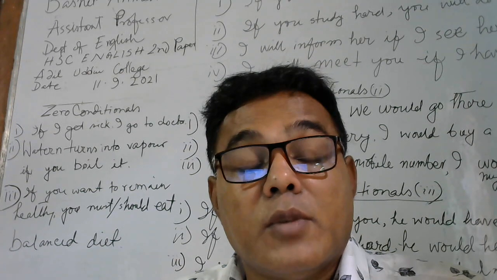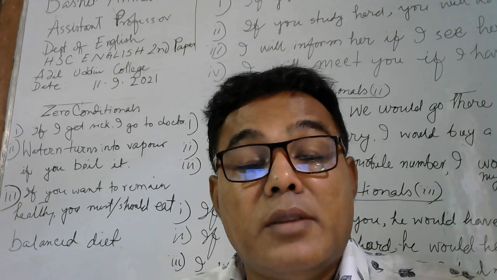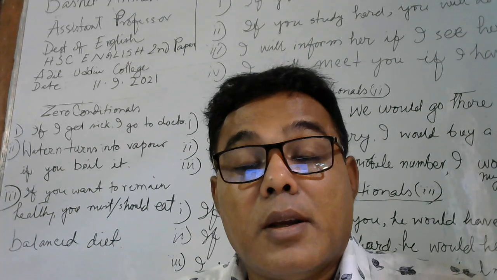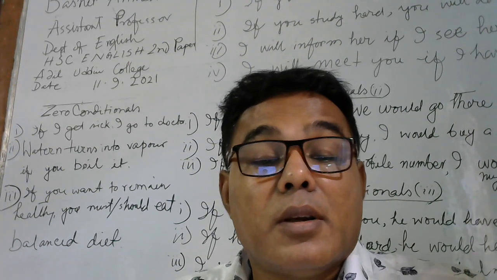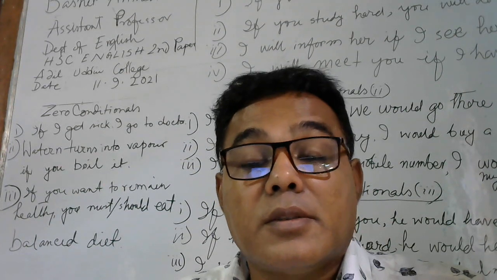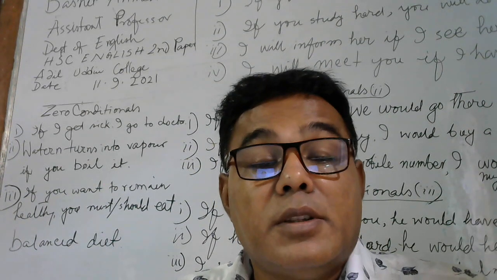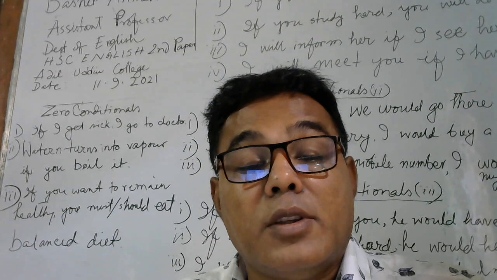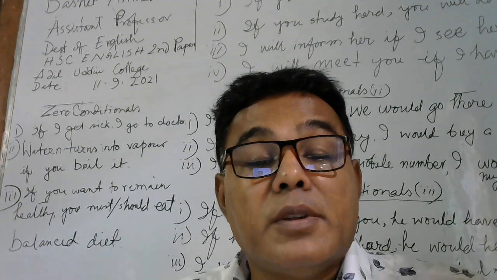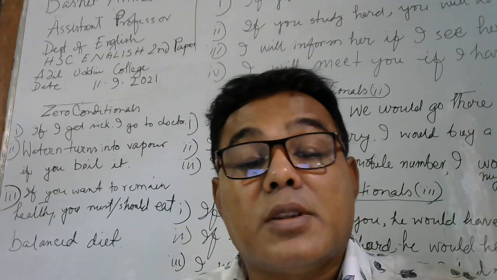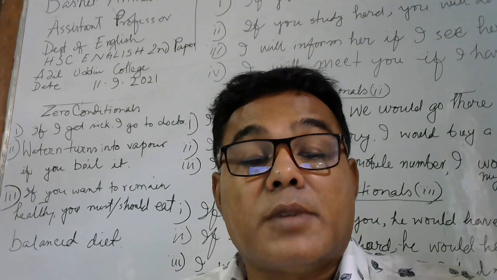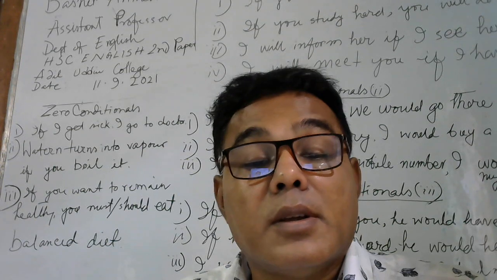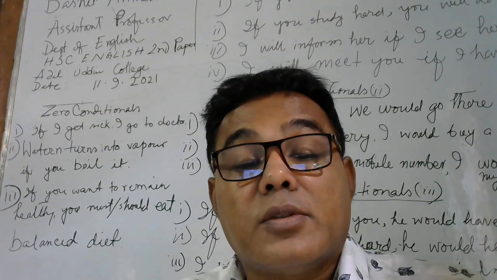Remember one thing, you can use the main clause at the beginning, or you may use it after the subordinate clause. The difference is if you use the if clause in the first position, then you have to put a comma after this and then the main clause.